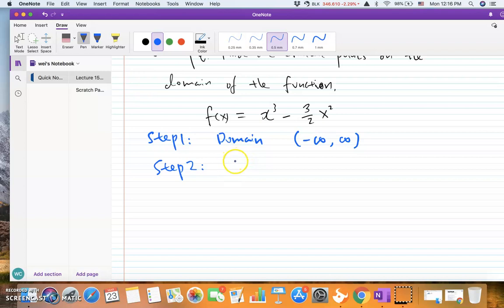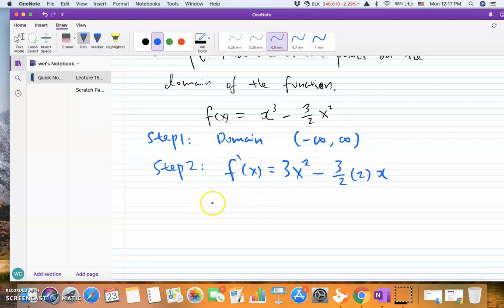So we take the derivative of this function, and we can use the power rule. So this is 3x squared minus 3/2 times 2 times x. So the derivative is 3x squared minus 3x.